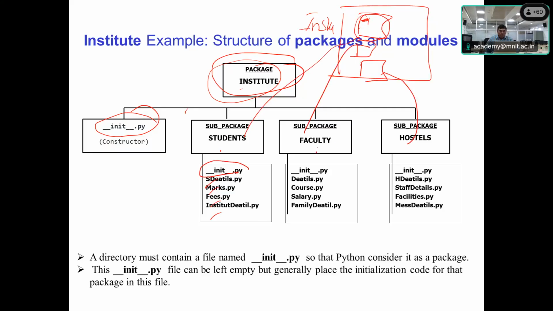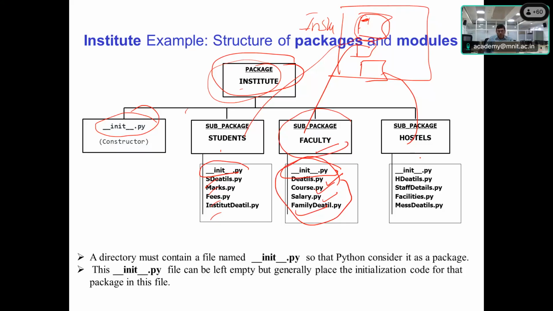which are related to the faculty, that I can keep in the faculty folder, which is inside the institute folder. That faculty folder, because it is a package, should consist of one file, __init__.py, details of faculty, course which they are taking, salary.py, family detail.py; related functionality is kept in these files.